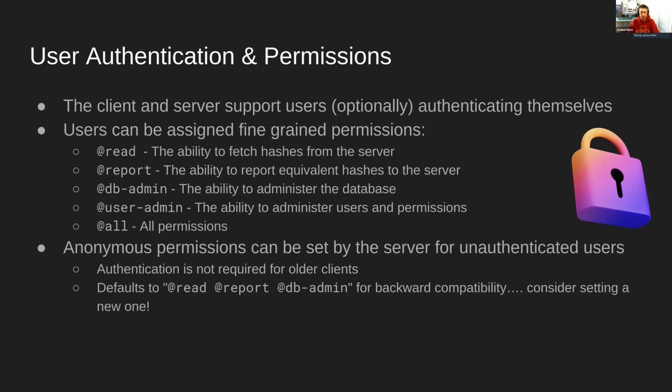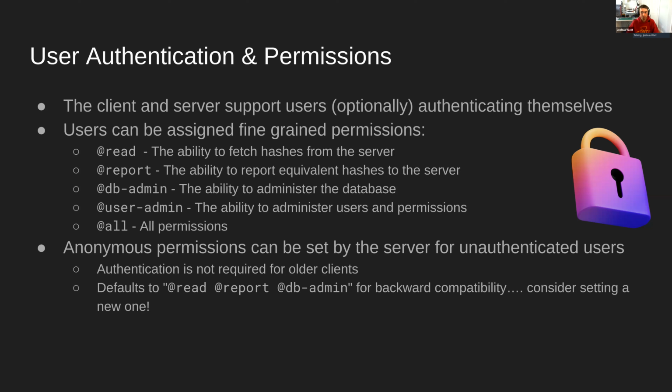Another thing that we added was user authentication and permissions. So this allows clients to optionally authenticate themselves with the server, and then users can be assigned fine-grained permissions about what they are able to do on the server. So there are 5 permissions. There's read, which lets you read hashes from the server. Report, which lets you report equivalent hashes while you're building.